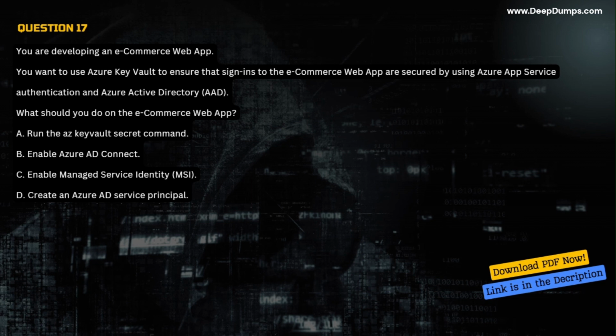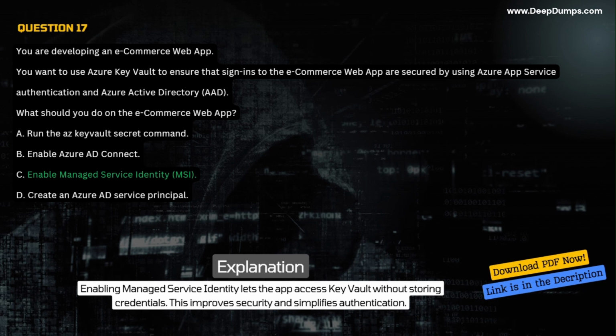C. Enable Managed Service Identity (MSI). D. Create an Azure AD Service Principal. Correct answer C. Enable Managed Service Identity (MSI). Explanation: enabling Managed Service Identity lets the app access Key Vault without storing credentials. This improves security and simplifies authentication.